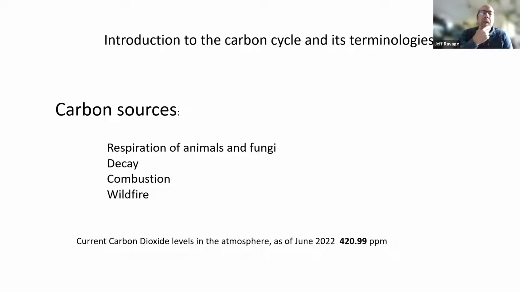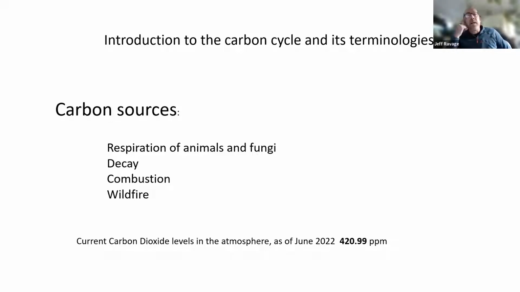Okay, so currently, the carbon dioxide level in our atmosphere as of last month was 420.99 parts per million. From the end of the last ice age until the 17th century, the atmosphere's level was stable at 180 parts per million.